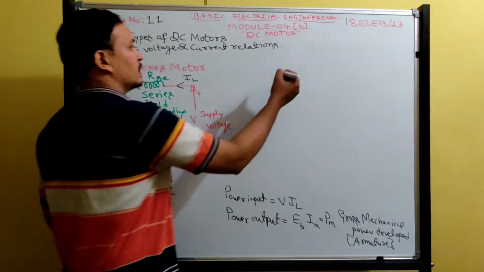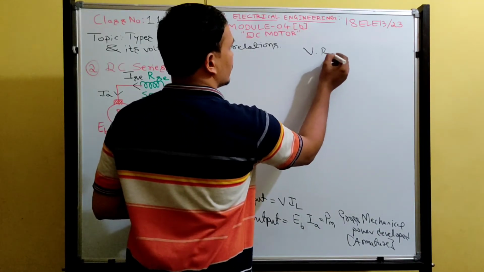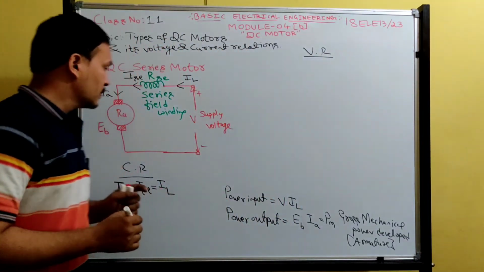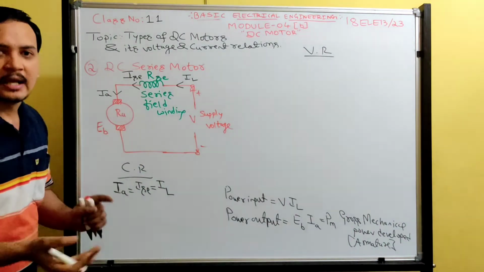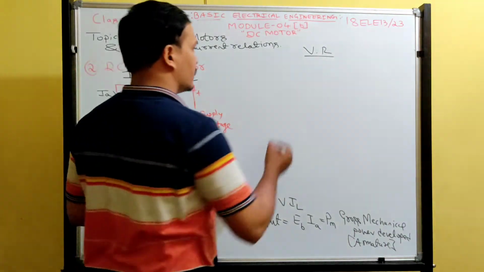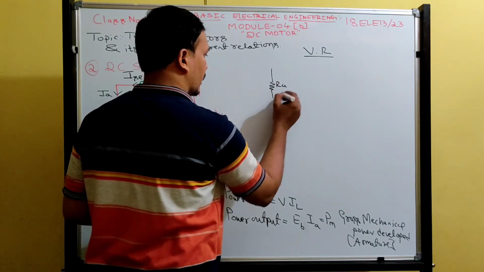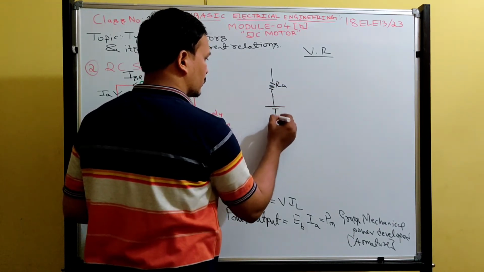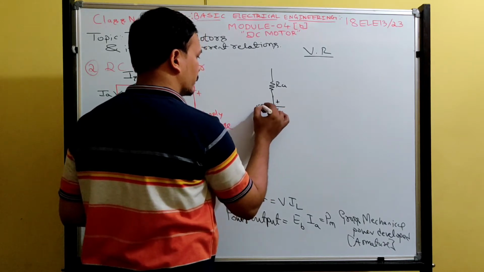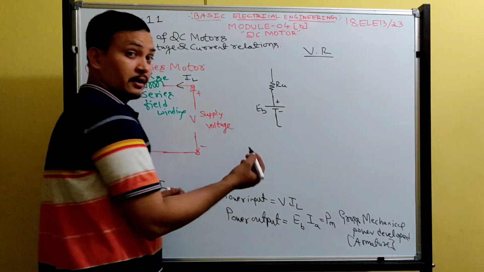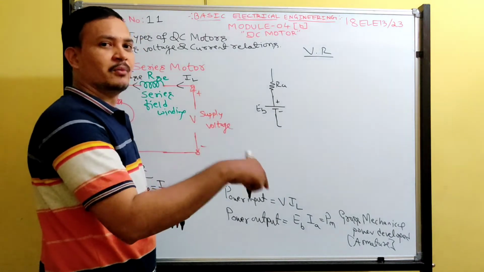Next is the voltage relation. While writing the voltage relation, replace the motor by its electrical or equivalent circuit. The motor has armature resistance RA, and the motor will develop a back EMF, a voltage generated due to generating action in a motor.